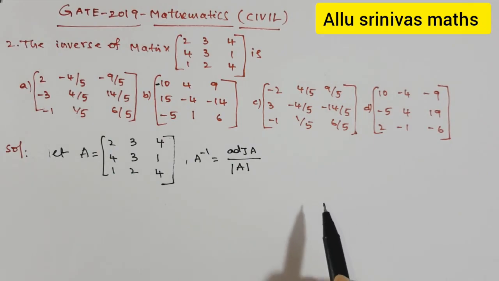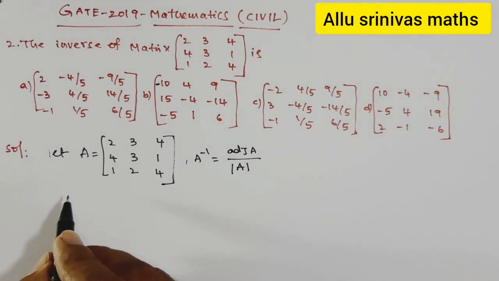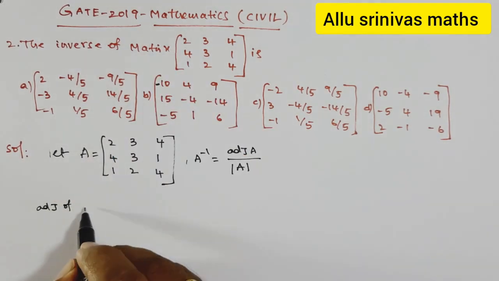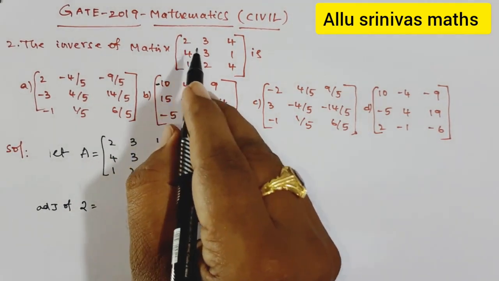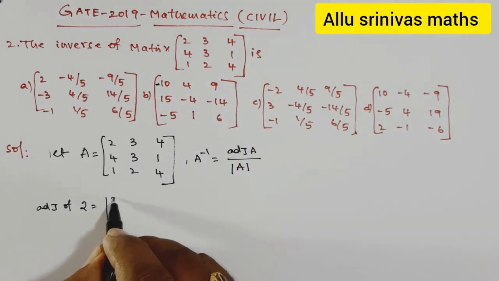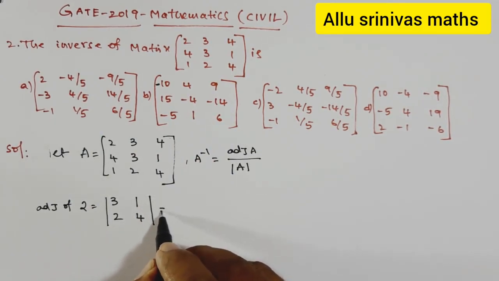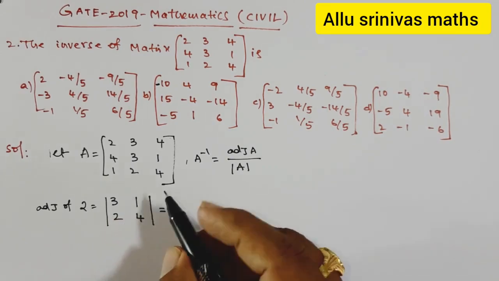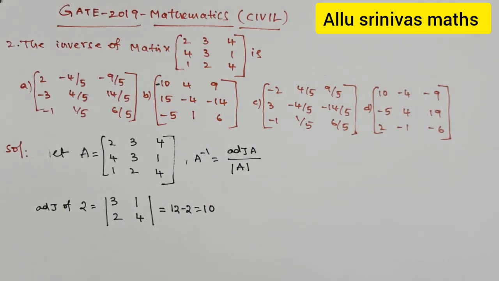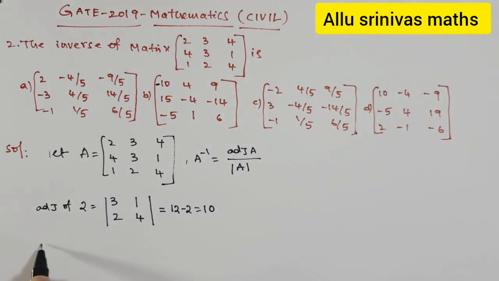So first we find the adjoint of the first element of the given matrix. The adjoint of 2: remove the corresponding row and column, and the remaining elements are 3, 1, 2, 4. Apply the product of the down arrow minus the product of the up arrow: 12 minus 2 is 10. Next we have to find det A for the given matrix.